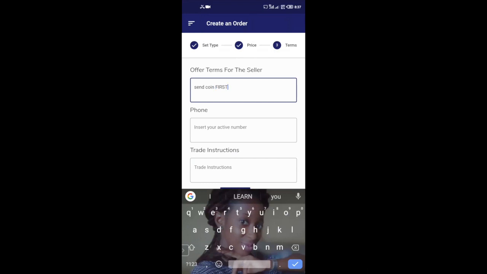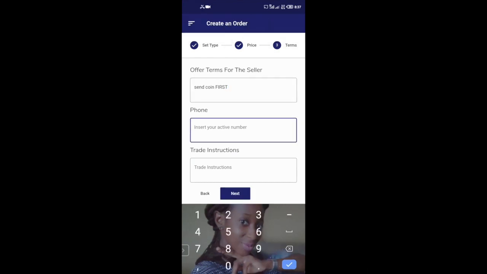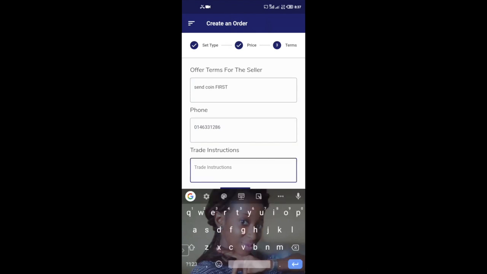I'm saying I receive your coin first before I attach my phone number to it. Let me just use this phone number for example. Okay, so I'm using this as a case study, as an example.